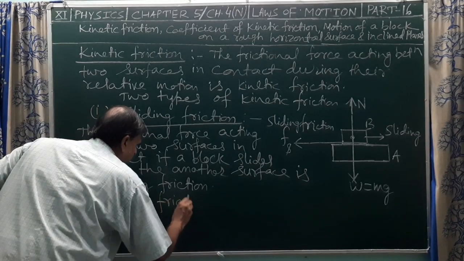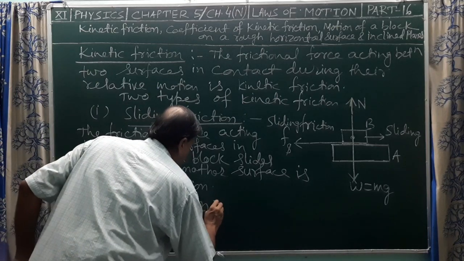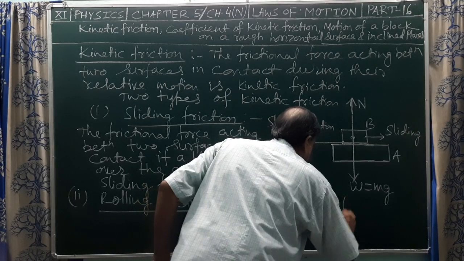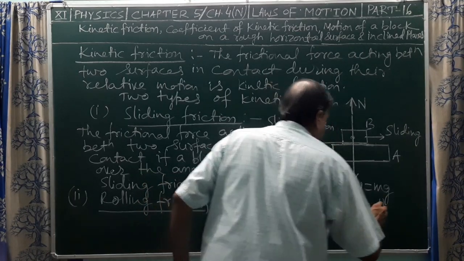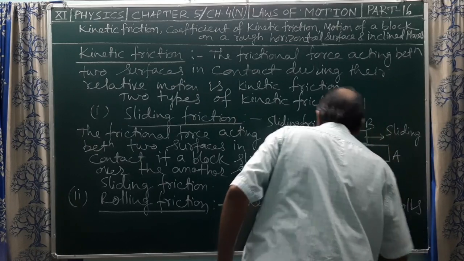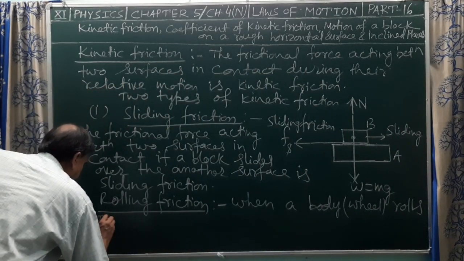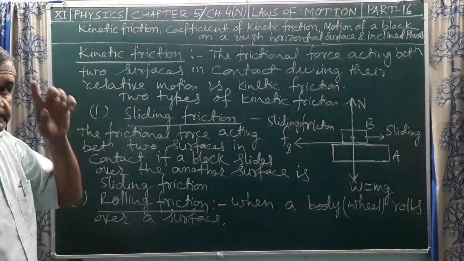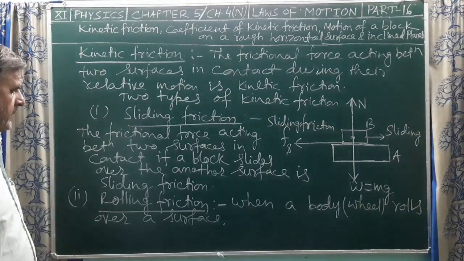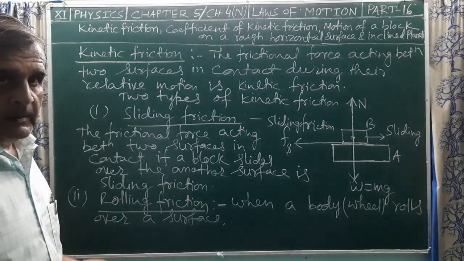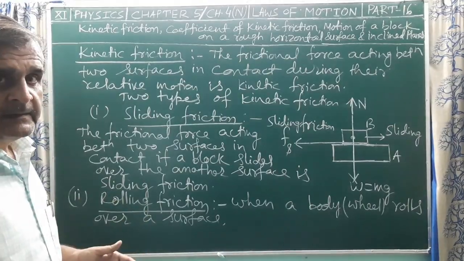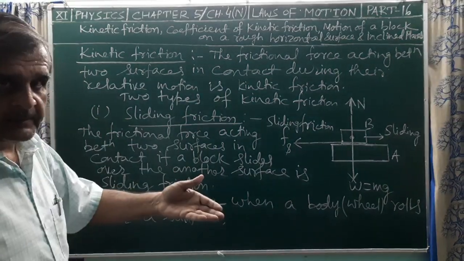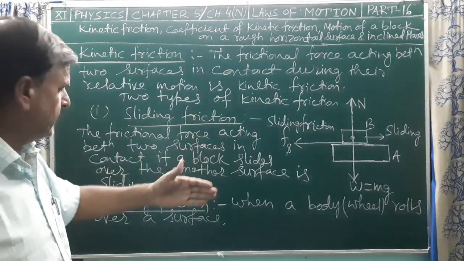Rolling friction: when a body, say a wheel, rolls over a surface, the rolling body encounters an opposing force or frictional force from the surface on which the body is rolling, and this is called rolling friction.